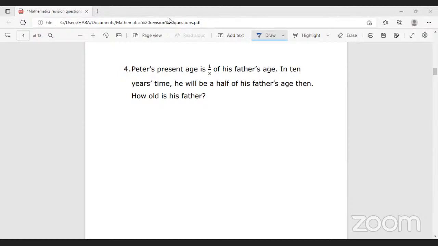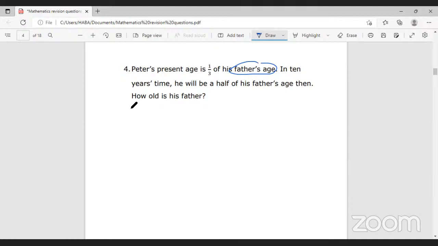So what we are going to do, since we have the father's age, which we are not given, it is our point of focus. When we read the statement, Peter's present age is a third of his father's age. So to know Peter's age, we must first of all know the father's age.